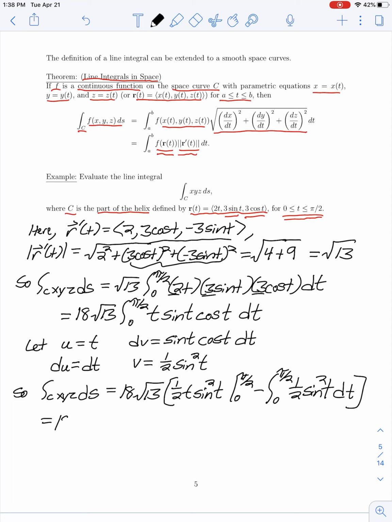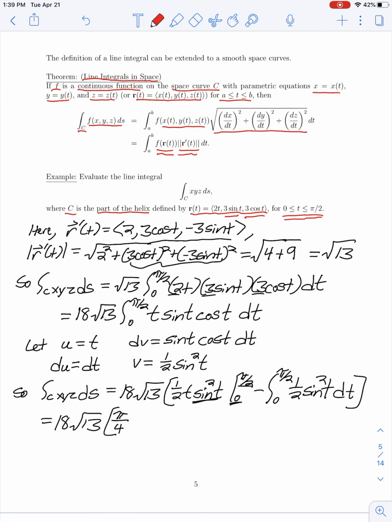For this first term, we had our constant 18 square root of 13. When we plug in pi over 2 for t, sine of pi over 2 is 1. So we have half of pi over 2, or pi over 4, minus, when we plug in 0 for t, sine of 0 is 0. So we pick up just a pi over 4 from that first term.